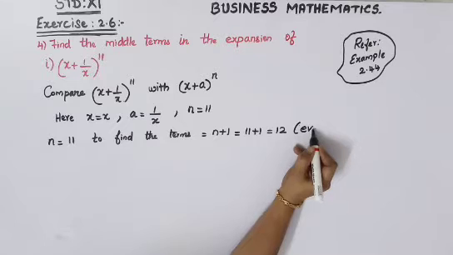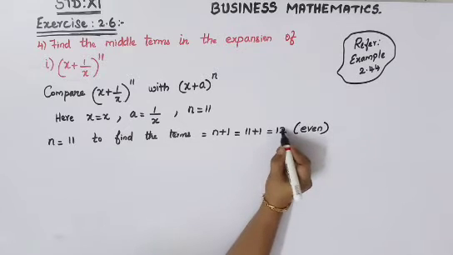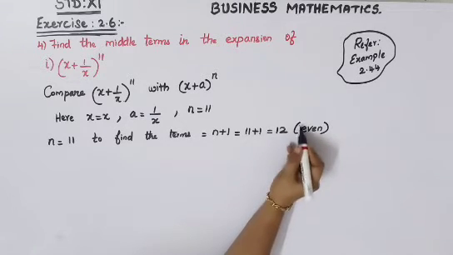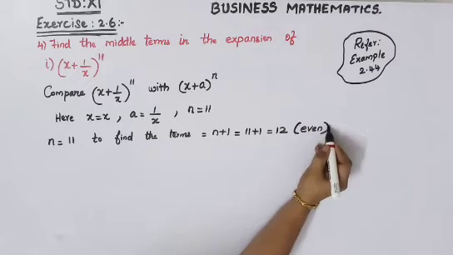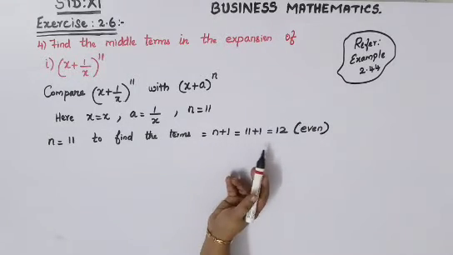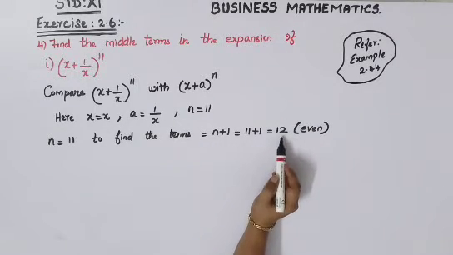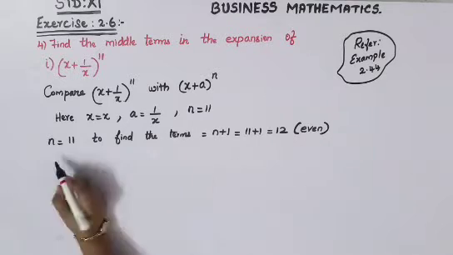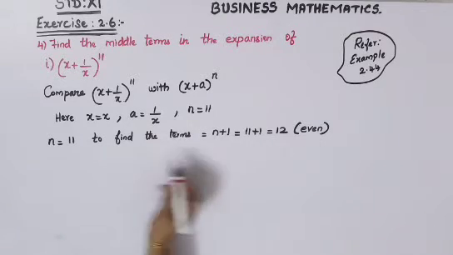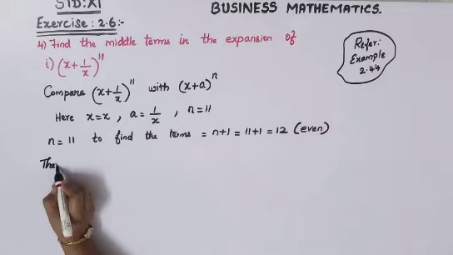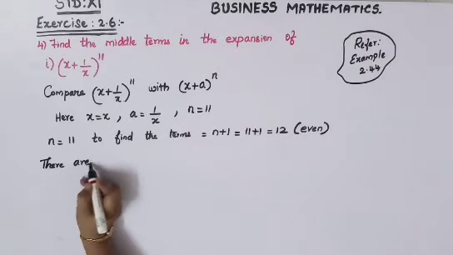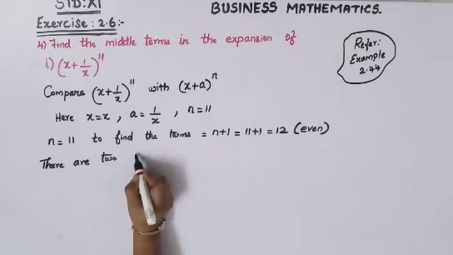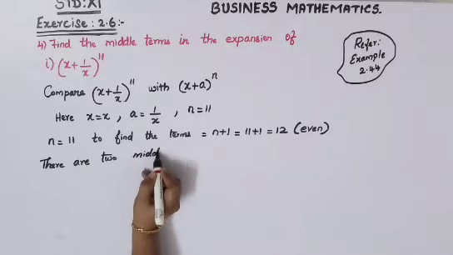This 12 is an even number. You have two formulas, one for even and one for odd. So first we will have to find whether it is even or odd. Now we have got an even number, therefore there are two middle terms.